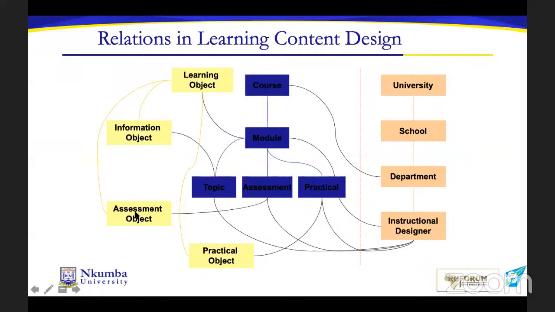The assessment object is the assessment. All this is well laid down by the policies of the university through their schools and departments. So you see, the entire learning object is in line with the structure of the university or higher institution of learning. So it is something that relates well with what we do, and that's why it's called the higher education learning object concept.